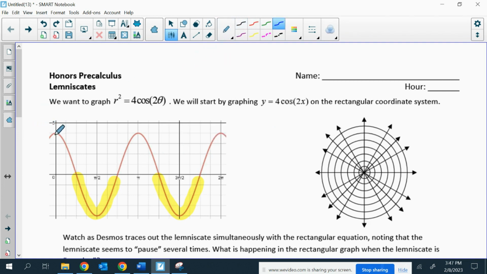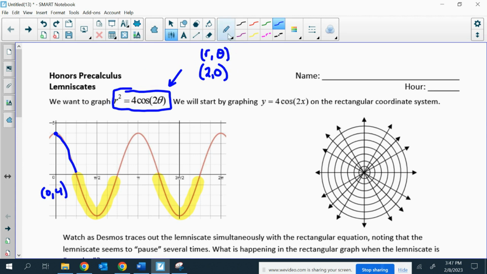So, as we were graphing this part, we were at 0, 4, which in this lemniscate, or in this polar graph, if I have 0, 4 for x and y, that's going to translate into 2, 0 for r theta.